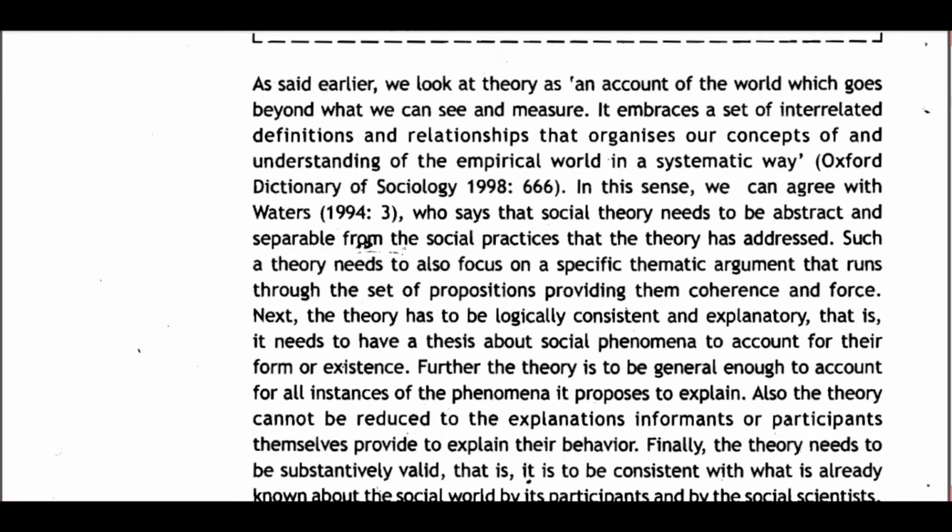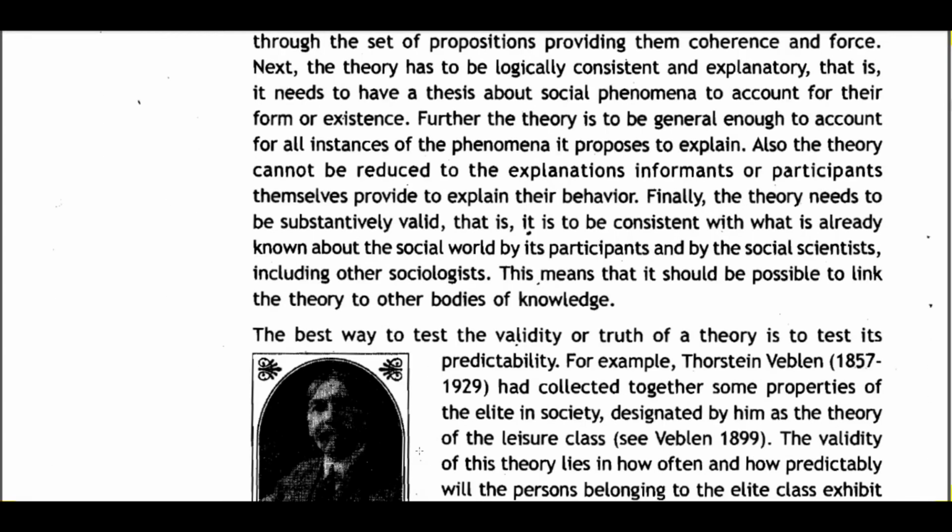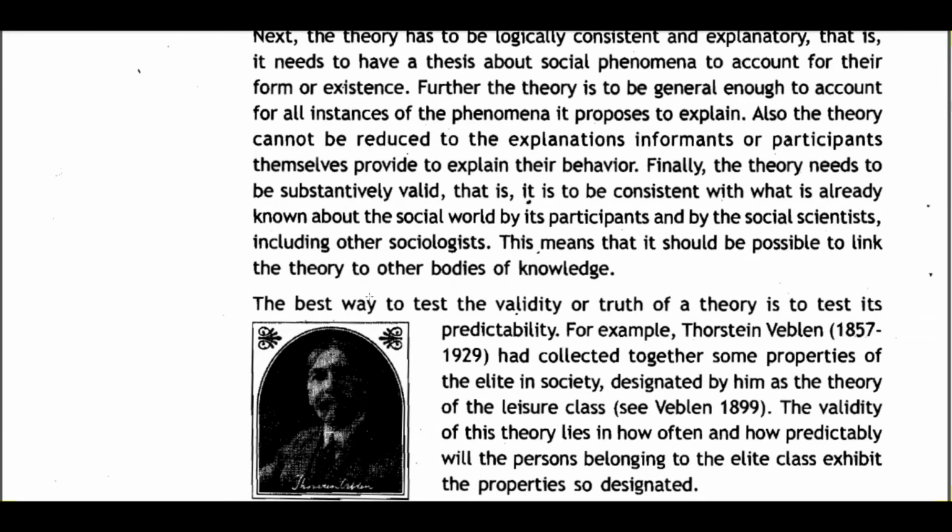Finally, the theory needs to be substantively valid, that is, it is to be consistent with what is already known about the social world by its participants and by the social scientist, including other sociologists. This means that it should be possible to link the theory to other bodies of knowledge.